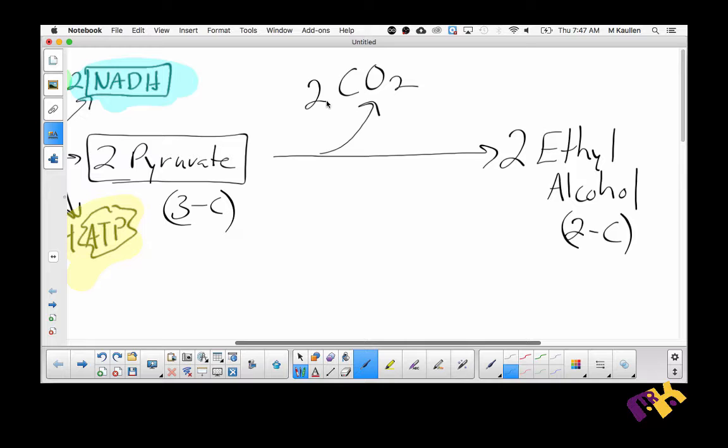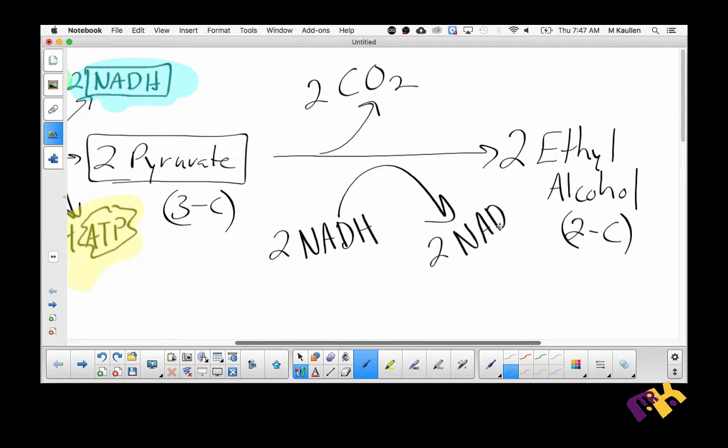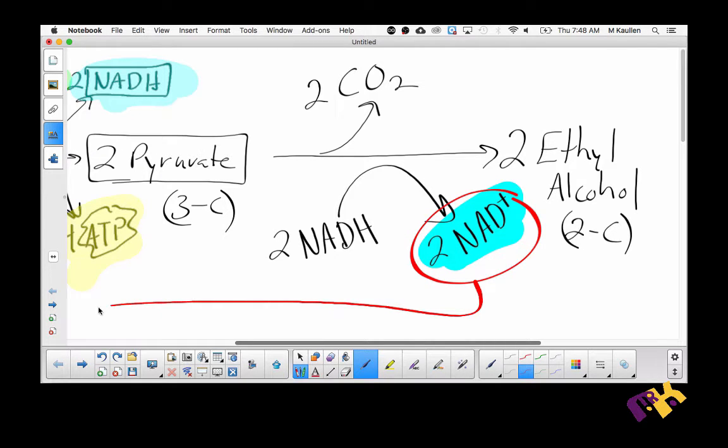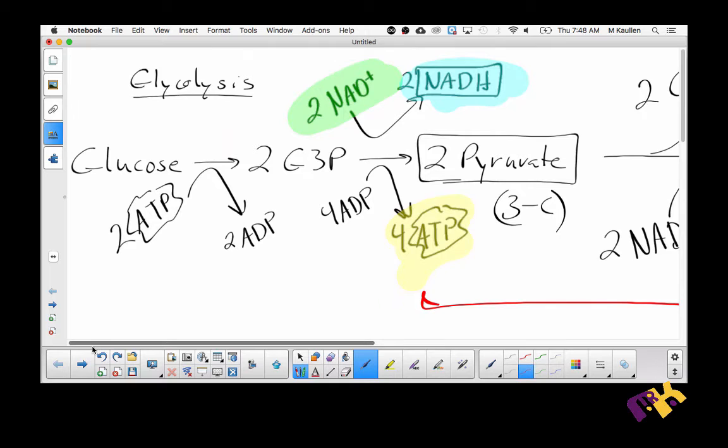All right? But the more important thing that we do here is that we take a couple of NADHs, and we make use of their high-energy electrons to do this, and the result is we free up the NAD+. Right? And so this is really the big deal when it comes to alcoholic fermentation, that we can take this molecule here and cycle it back to the glycolysis steps.